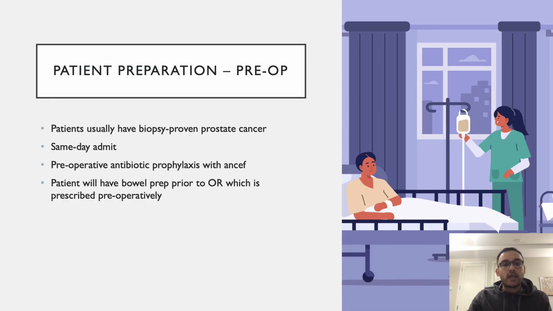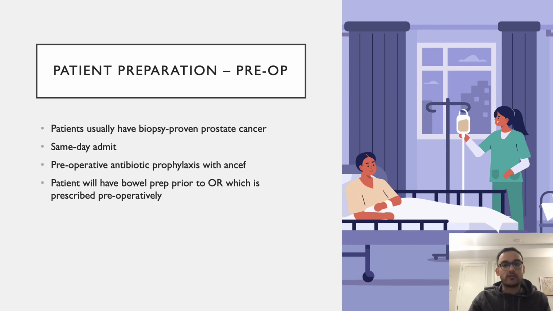Now, the first step in the patient's journey when they get to the hospital is going to be the pre-op assessment area. Typically, these patients have been seen in my clinic. They have a diagnosis of biopsy-proven prostate cancer. They don't need to be pre-admitted. They typically are seen in the preoperative clinic by the nurses. They're going to get some preoperative blood work. They will get typed and screened.